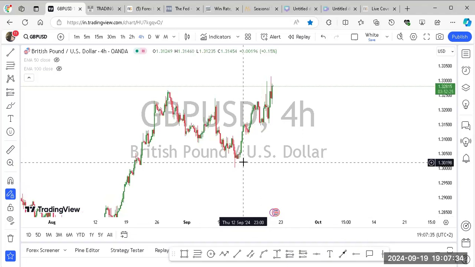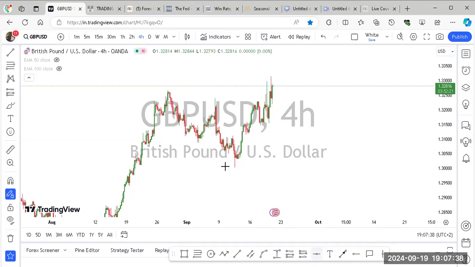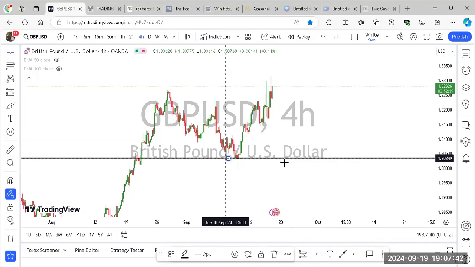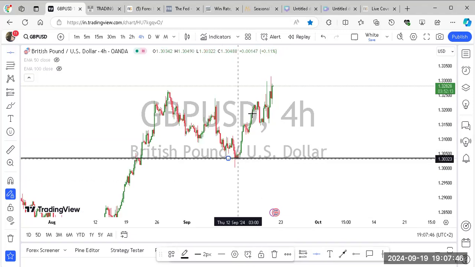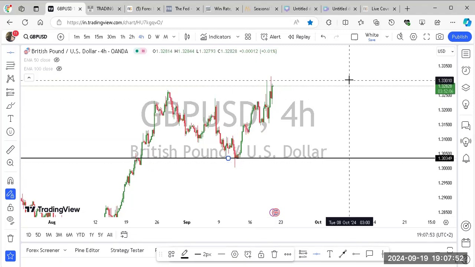So let's measure from here, I think from there. Let's use a solid line. Would you say this is an impulsive move from here to there? Remember, with an impulsive move you're going to have a dominant color.